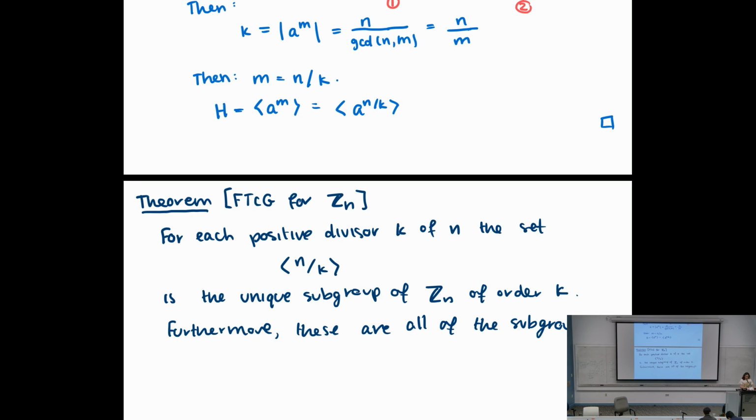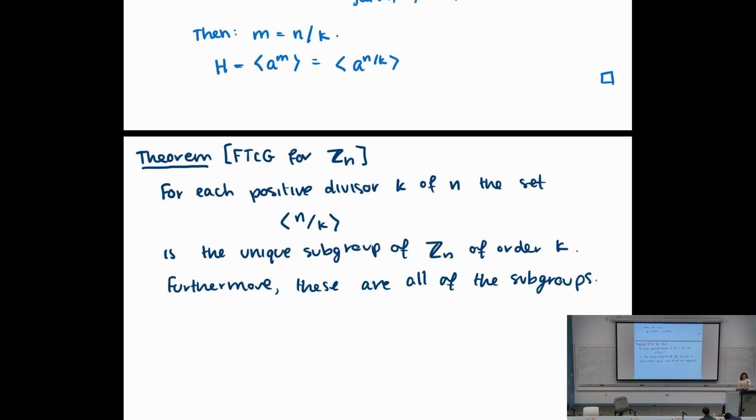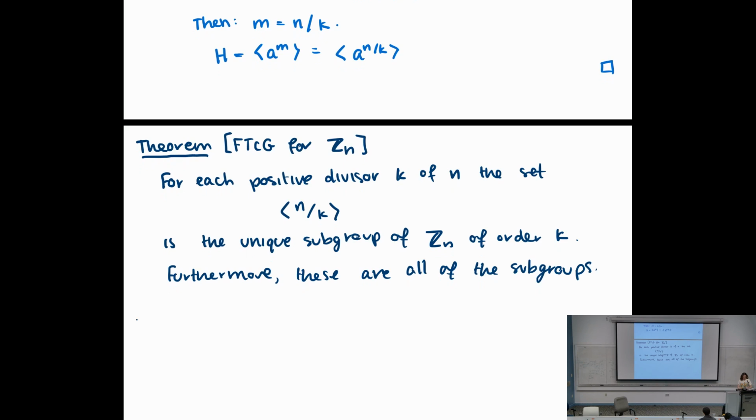I want to give you another statement about cyclic groups, but I don't think we'll get all the way through the proof in the time we have left. So I'm just going to give a definition leading into that.